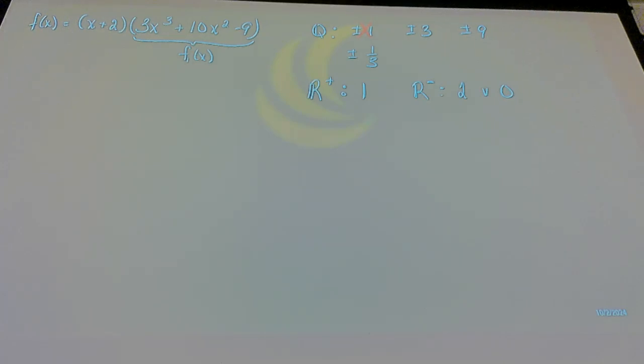Also, I know I'm going to have a positive real. So let's just check the positives, because I'm not guaranteed a negative. Which means we're starting off with 3. What are the coefficients for f1?